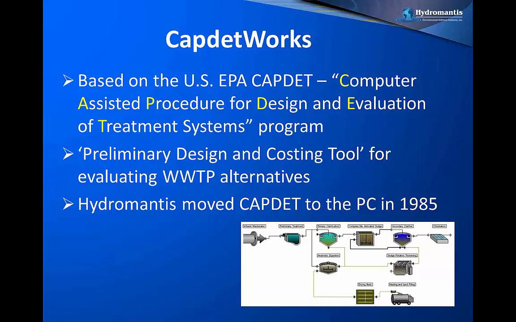And later on, with a contract from US EPA, it was released in 1982. The main purpose is to design wastewater treatment plant and make some costing estimates for different wastewater treatment plant alternatives. So Hydromantis ported CapdetWorks in 1985 to a PC environment so that it can be distributed to a wider range of people or the users.